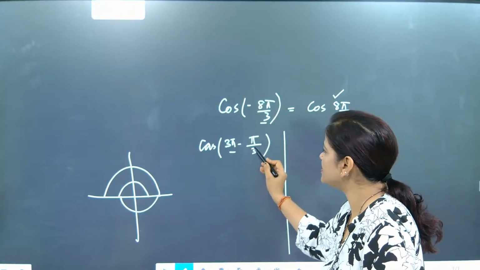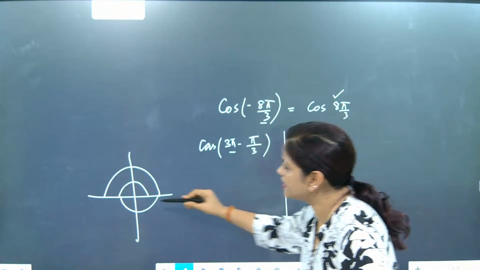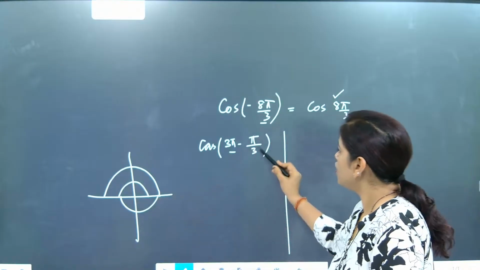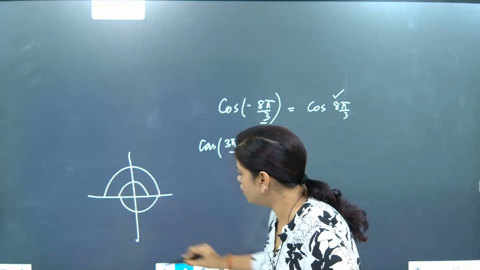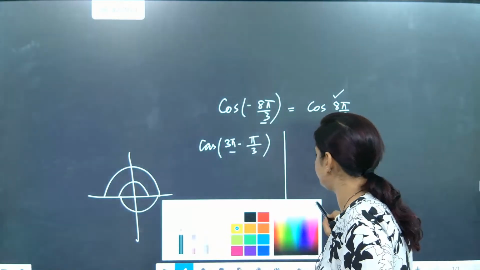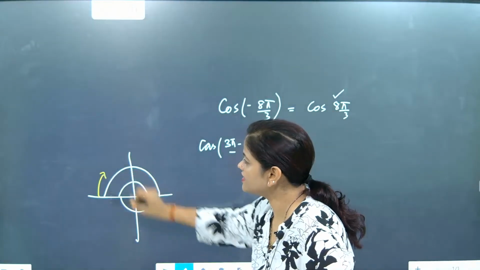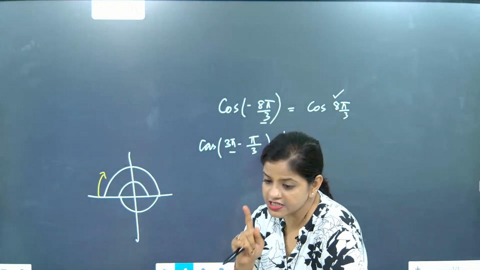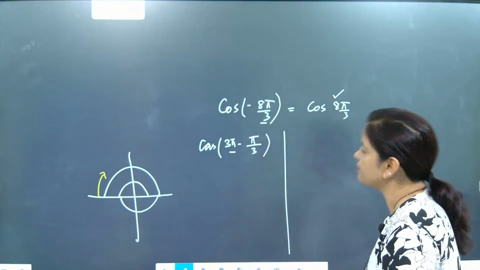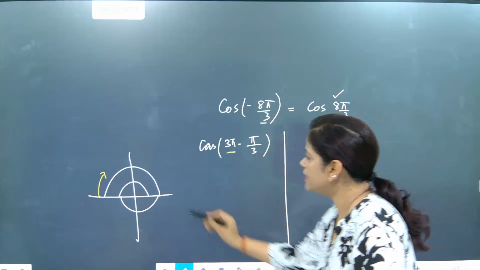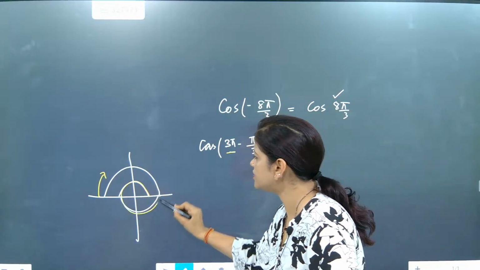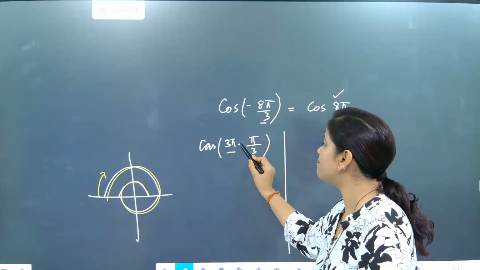So now 3 pi is there, and since minus is there, don't go forward, you go backward finally and stay in the second quadrant. Stay in the second quadrant, trust me. Now look here, 3 pi means 1 rotation, 2 rotations, 3 rotations. And they are telling minus.